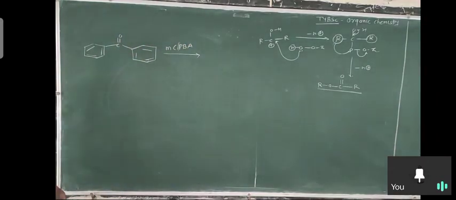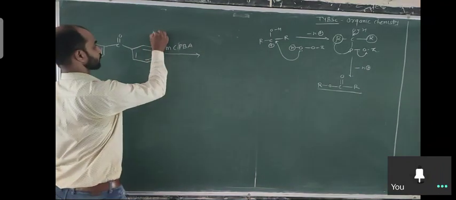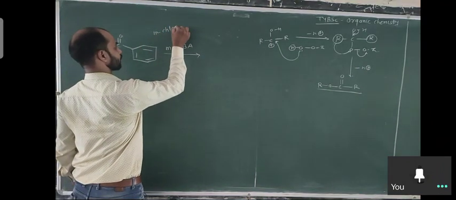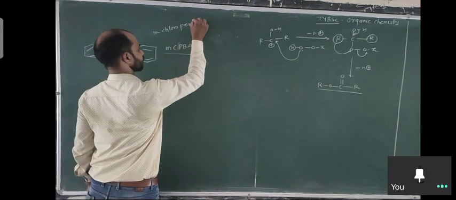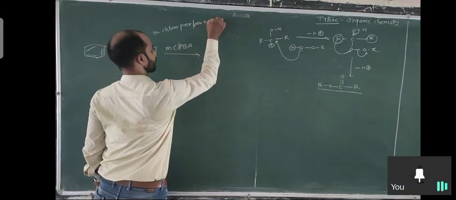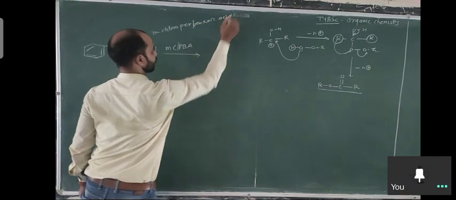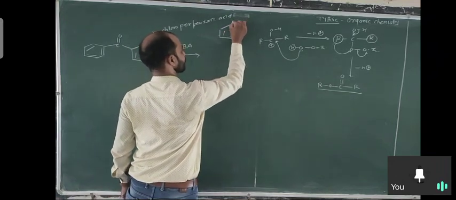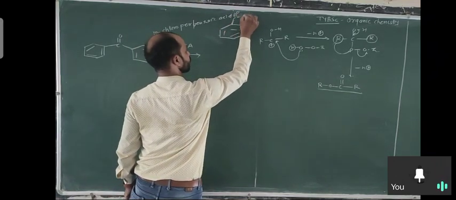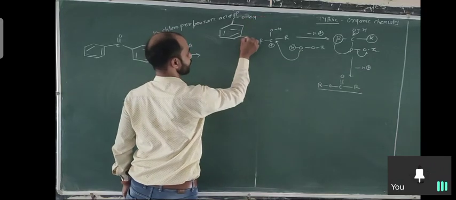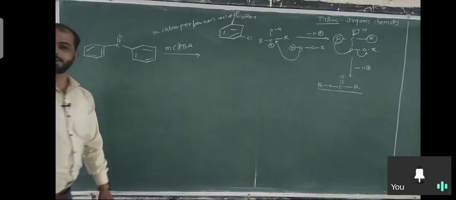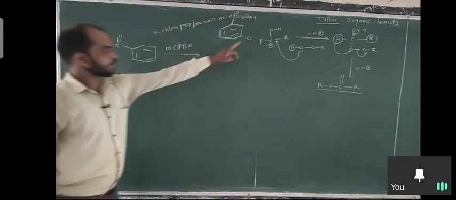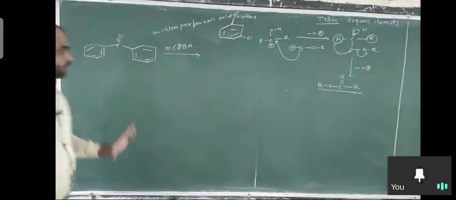You just write there metachloroperbenzoic acid. This is the structure. Perbenzoic acid means C double bond OOH. At the meta position there is a Cl. So it is metachloroperbenzoic acid.